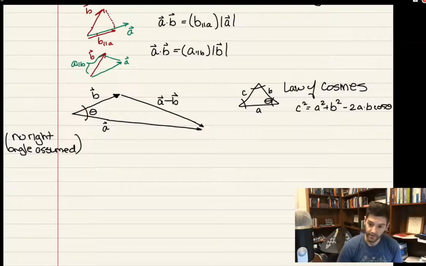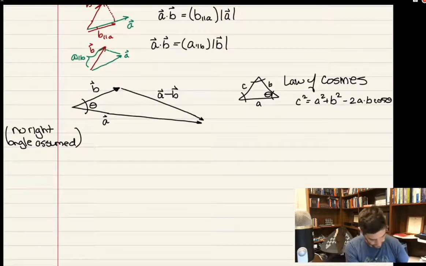If this were a right triangle, cosine of 90 degrees is 0, and this just becomes the Pythagorean theorem. The law of cosines really is a more general relationship, where the Pythagorean theorem is just an example of it. But we can use the law of cosines now in the triangle I drew on the left.